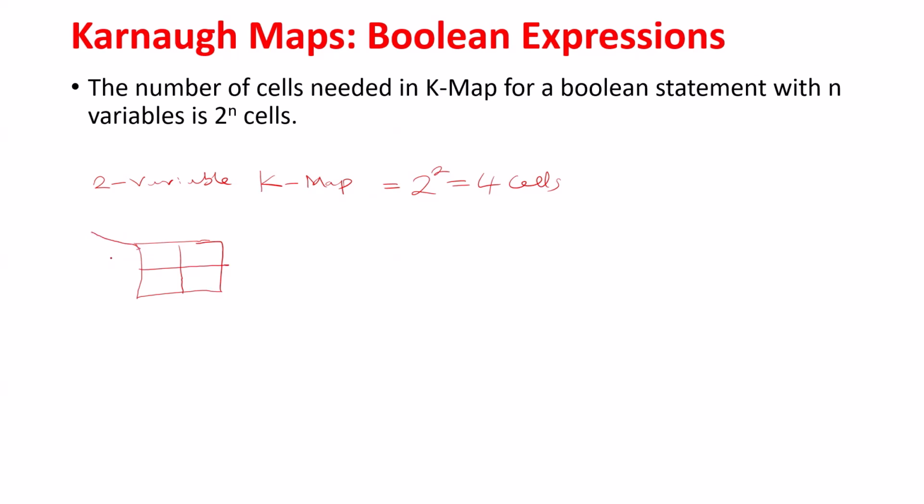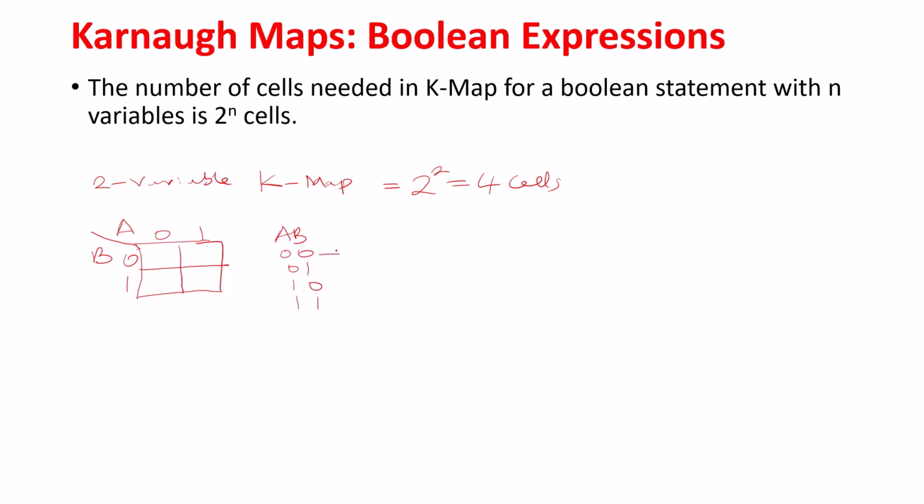Let's say this is A and this is B. A takes 0 and 1, and B also takes 0 and 1. So for the binary AB, we can have the combinations 0 0, 0 1, 1 0, and 1 1.